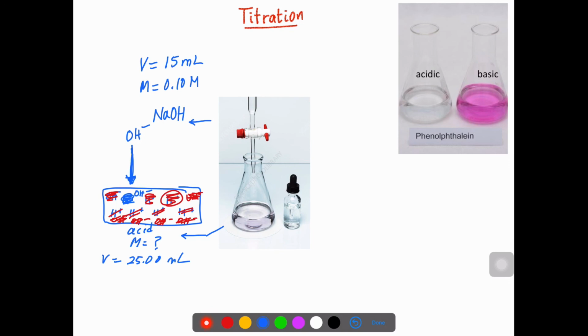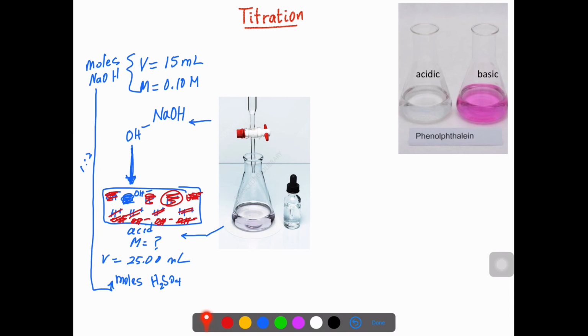From volume and molarity, you can calculate moles of base. And once you have moles of base, you're going to convert it to moles of acid using the stoichiometric 1 to 2 ratio.